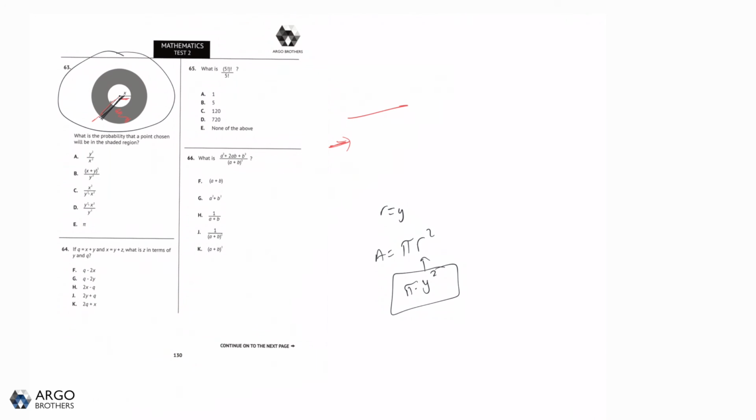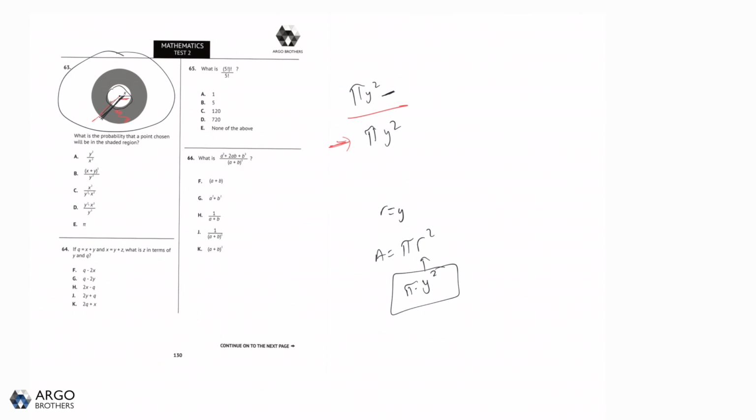So I can say that my denominator is pi y squared, and the probability that the point will land in the shaded region will be what? Well, it would be pi times y squared minus the white area, right? Minus the unshaded region, okay? And how do I find out the area of my unshaded region?